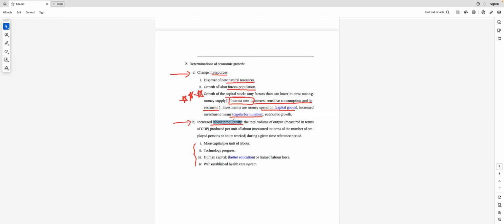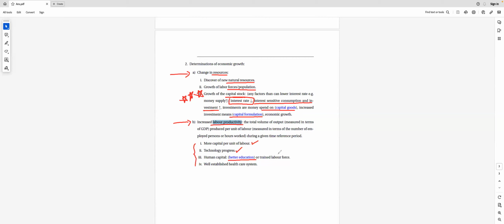Then the workers there should be very productive. Number two, if your country can make some technology progress. And the third one is a better education background. If all the workers in your country have a higher educational level, at least a bachelor degree, then workers with a better educational background can, generally speaking, be more effective.